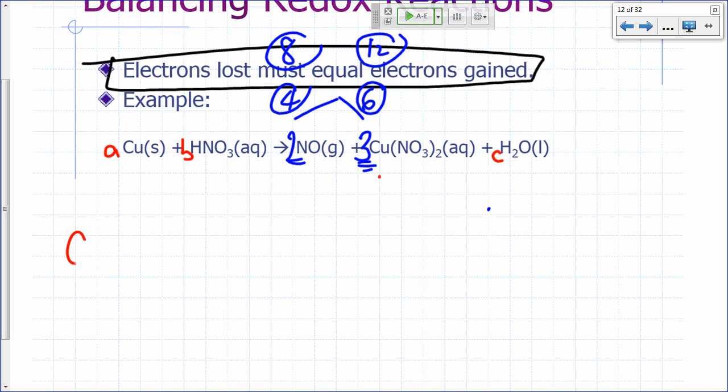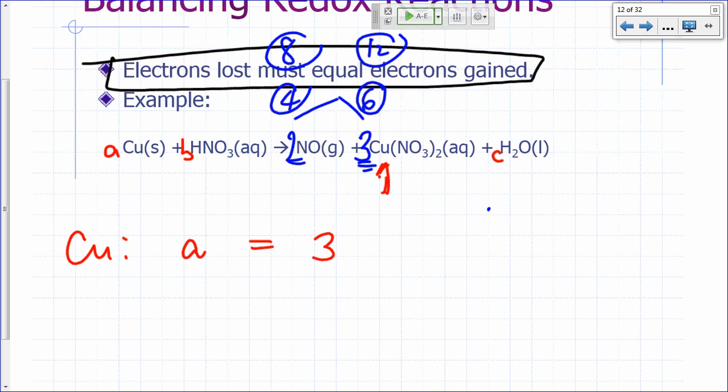So what do I know? If I were to balance copper, how many coppers do I have on the left? A times 1, right? How many coppers do I have on the right? 3. This is the only place I find copper, 3 times 1. If I were to balance H, how many H's do I have on the left? B times 1. How many H's do I have on the right? 2C.